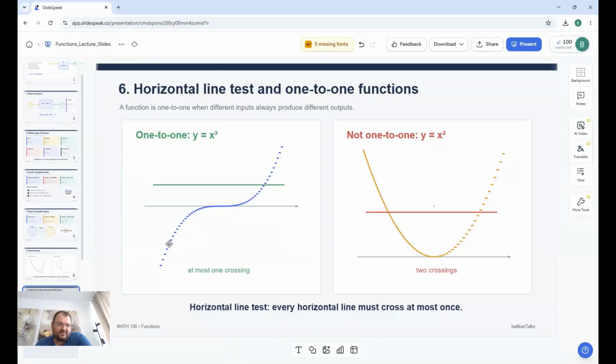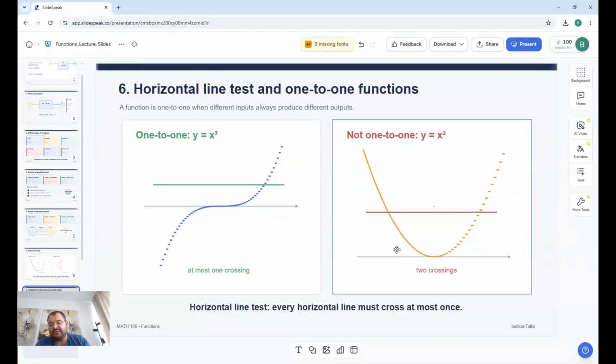In the first example, you don't have multiple x values which map to the same output. But in the second one, you draw this horizontal line, for example y equals 10. For y equals 10, you have one intersection and a second intersection.